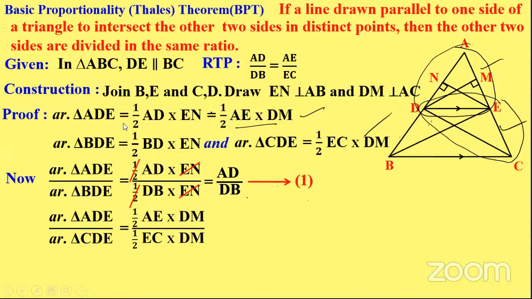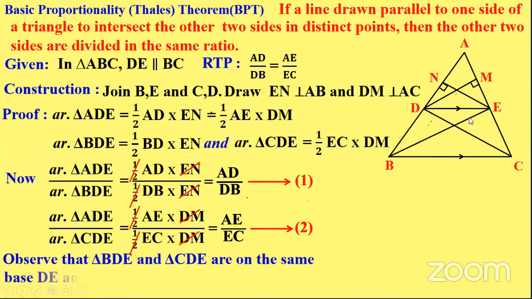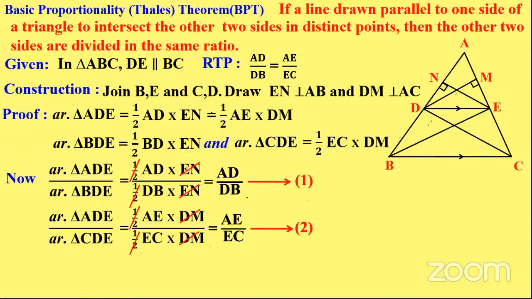DM and DM will go. Then the remaining is 2, the half will go. AE by EC remains. This is equation number 2. Area of triangle ADE by area of triangle CDE is nothing but AE by EC. We got equation number 1 and equation number 2.